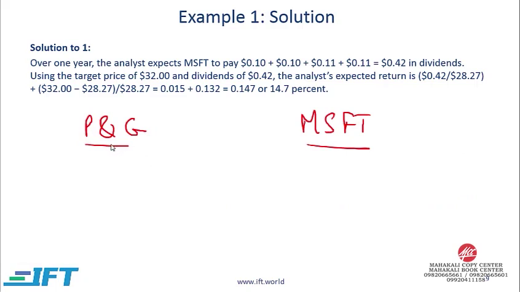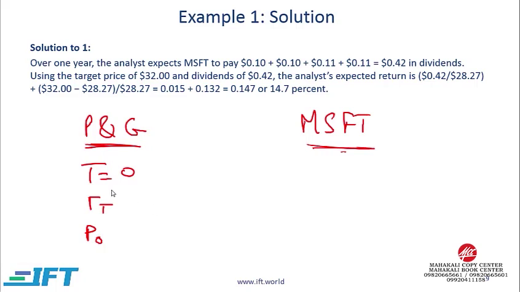Some students get confused between the Microsoft example that we looked at here and the Procter & Gamble example that we discussed later. The key difference between these two examples is that with Procter & Gamble at time t equal to 0, we are given the required return and we are given the price at time 0, plus we are also given the mispricing.